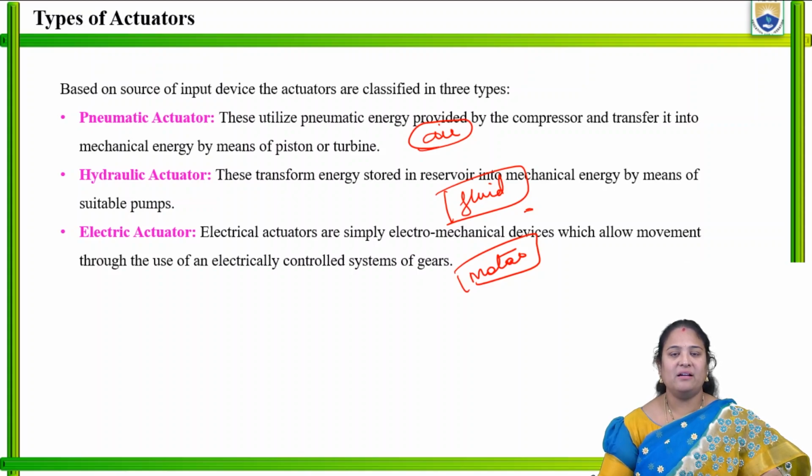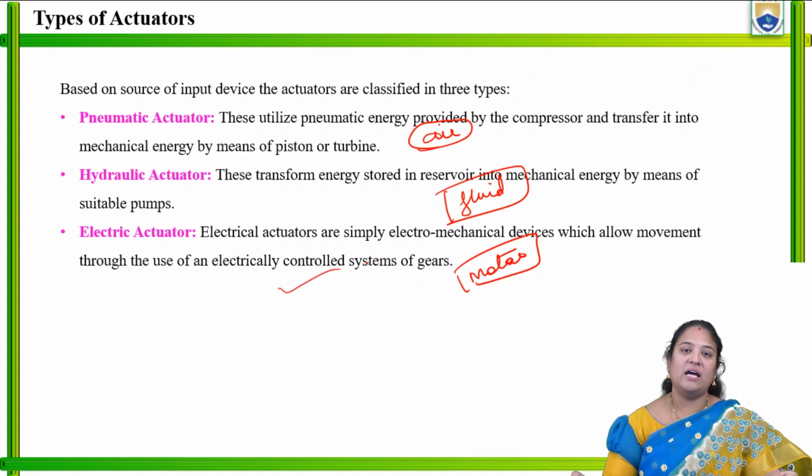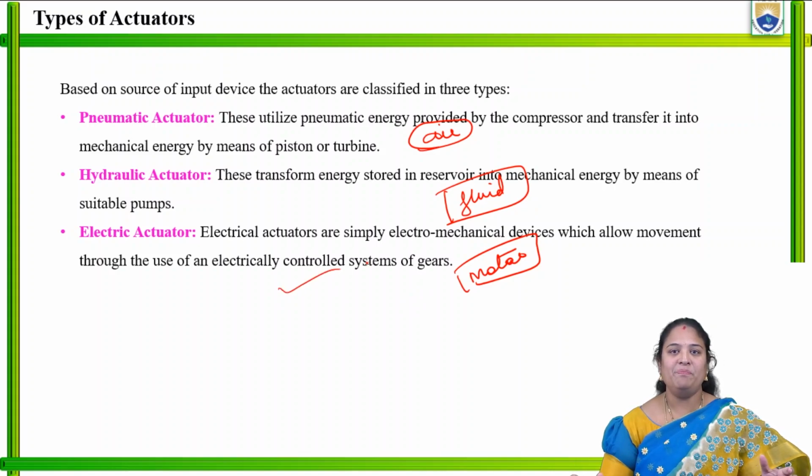Whereas in the electric driven actuators, there will directly be a motor, whether it is a servo motor or an electromechanical motor. It will be placed at the joint of the manipulator, and accordingly the robot will be working.